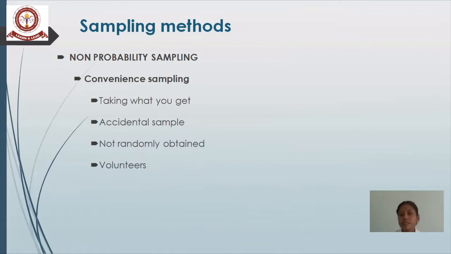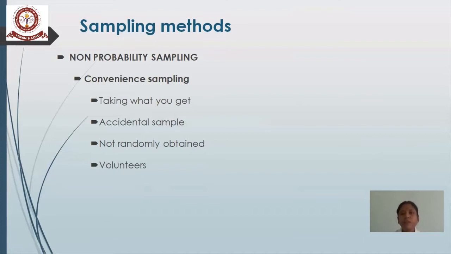Then finally, we can see convenience sampling. This is one of the easiest sampling techniques, which is not probability, and we'll be taking whomever we are getting. It also includes accidental sampling, and here we are not taking any random selection, and only the volunteers who are willing to participate in the study will be selected.